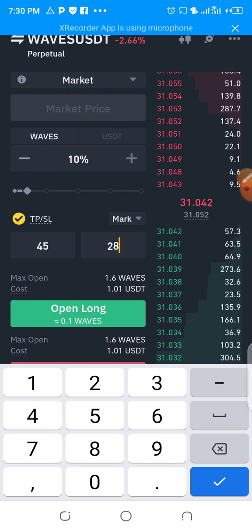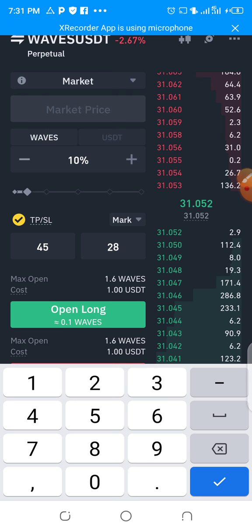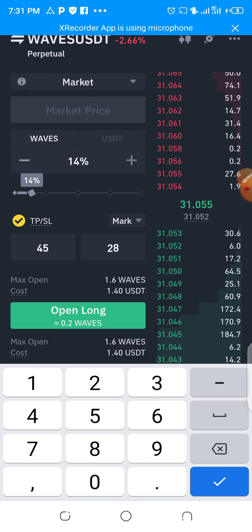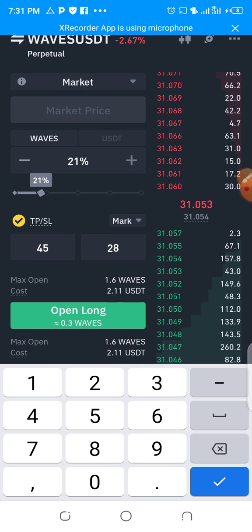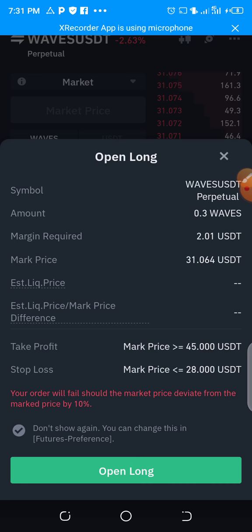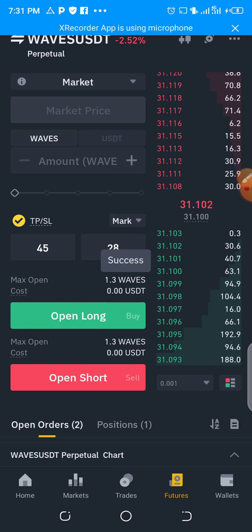So what I will do is that I will just click on open long. They say the quantity should be at least 0.2, which means I'm taking 20% of my wallet size, not 10% again, to go into this trade. So I'll buy long. Open long.